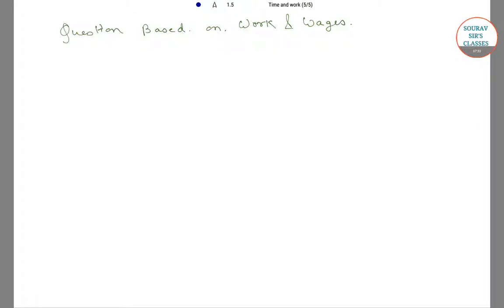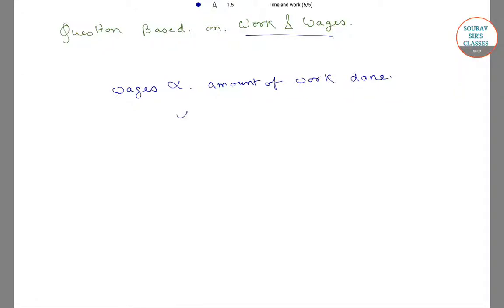We often encounter questions based on work and wages. Now we have to understand that wages is directly proportional to the amount of work done. It means that the person will earn more money if the amount of work done by him is more.